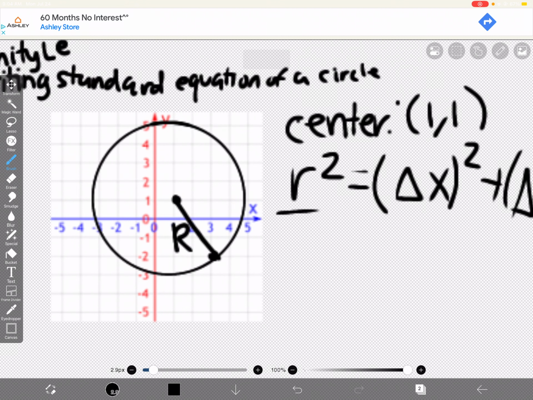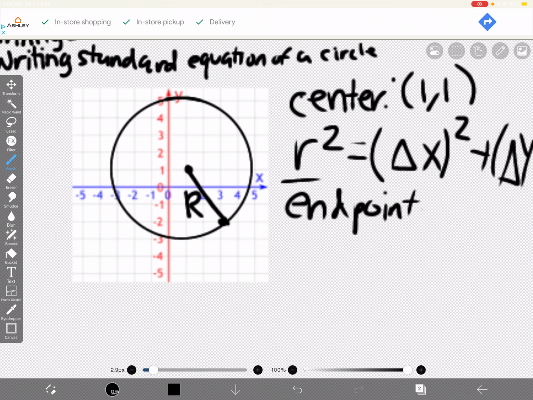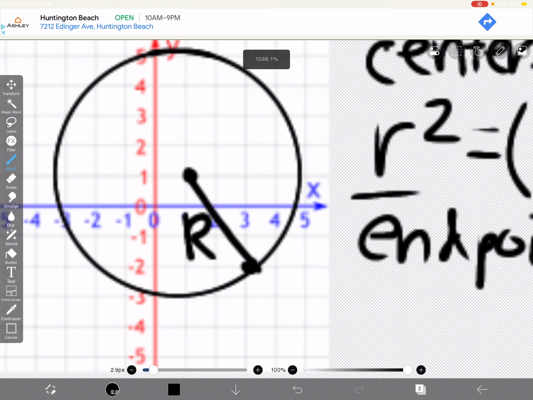So we start off with x, and we have to find the end point and the start point, and we will subtract the end point by the start. So let's see here.